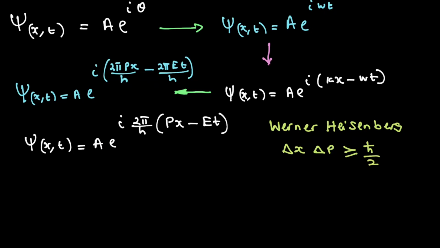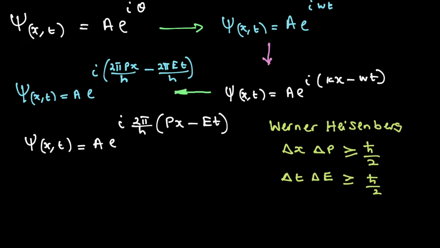Or you might say the time times the energy will be greater than or equal to h bar over 2. As you can see here, this is E times T. E times T here has a unit of h. So here too, P times X has a unit of h.